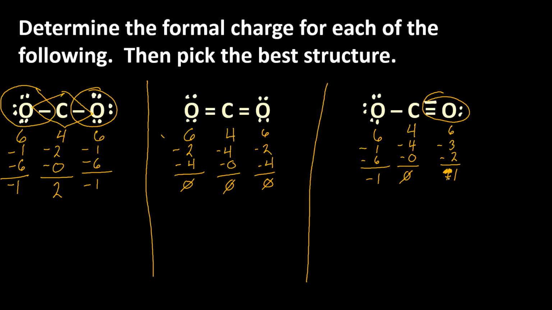Ooh, I just put a positive number on a very electronegative element. That's not so great. So do we have an overall winner? Yes. We would say that this way of drawing carbon dioxide is the best.